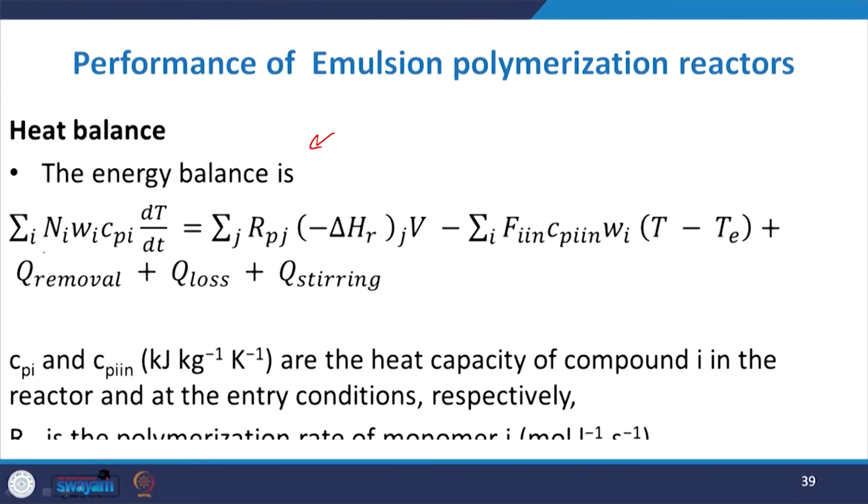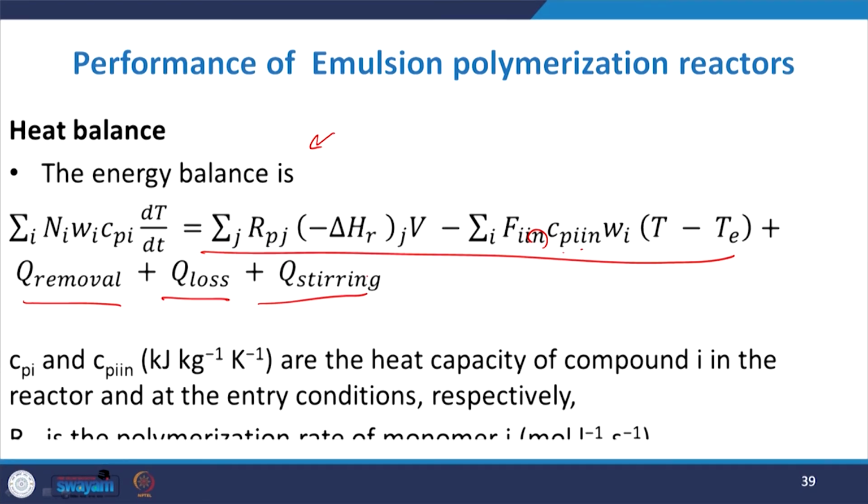Now when we talk about the performance equation, then we need the heat balance concept. So energy balance equation can be written as summation I, Wi Cpi dT over dt is equal to summation J RPJ and delta HR, that is the heat of a reaction volume, then summation I Fi in and Cpi in Wi, T minus Te, plus Q removal plus Q loss plus Q stirring.